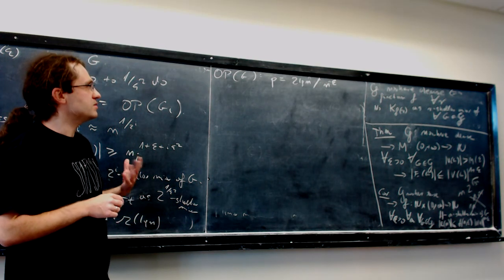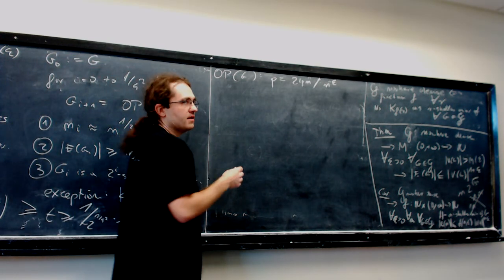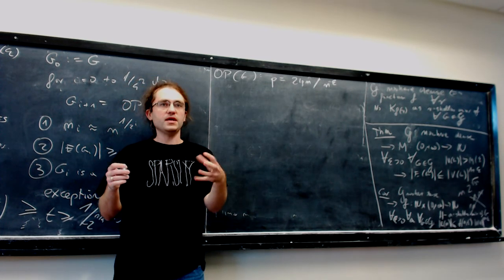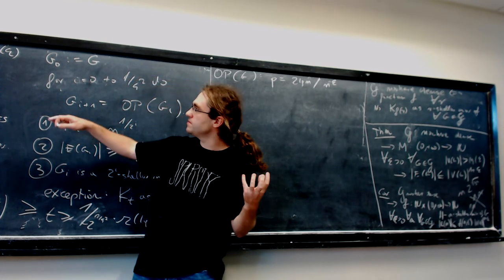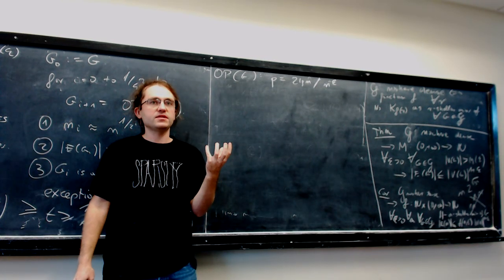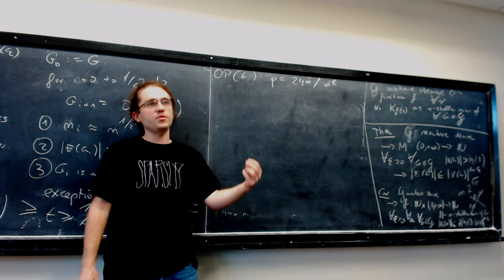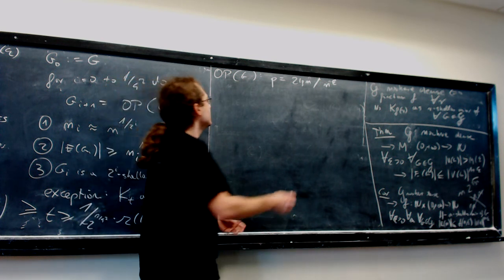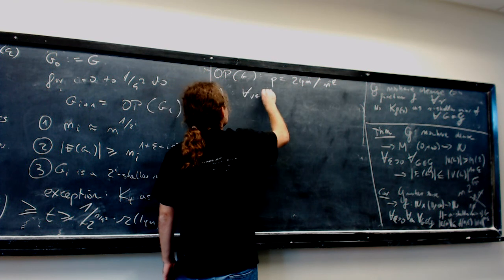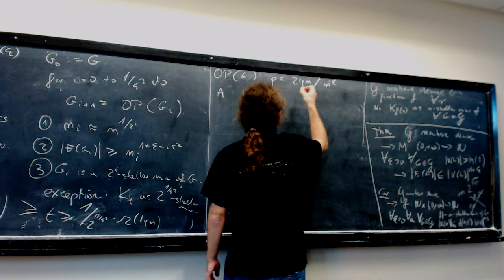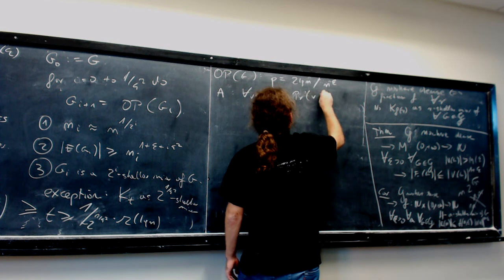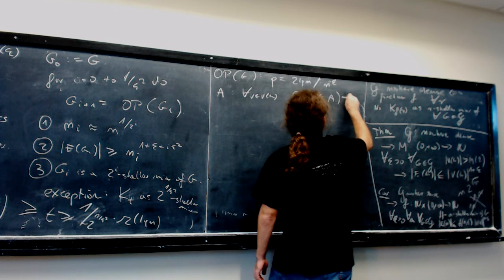I'm taking this probability and making a set A, which will be the vertex set of the next graph in the series. Every vertex with probability p goes into the set, and with probability 1 minus p goes out of the set. So A is a random set: every vertex v in V of G is in A with probability p, independently.